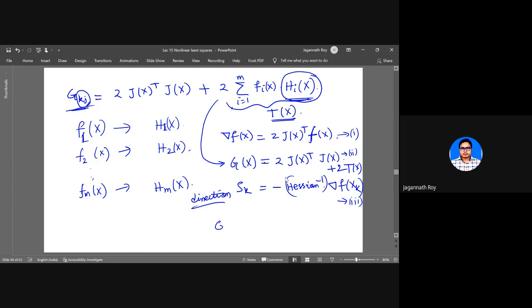Or we can also write g of x equals 2 times Jx transpose Jx plus t of x.